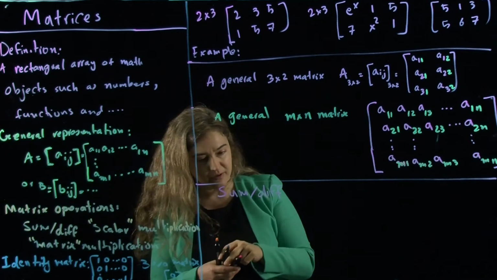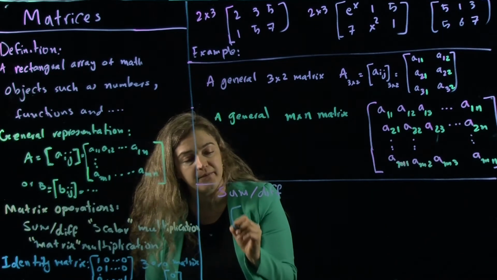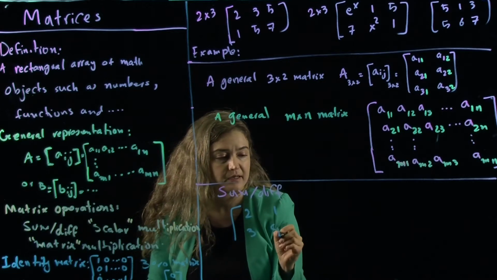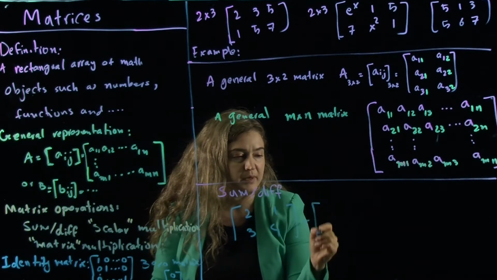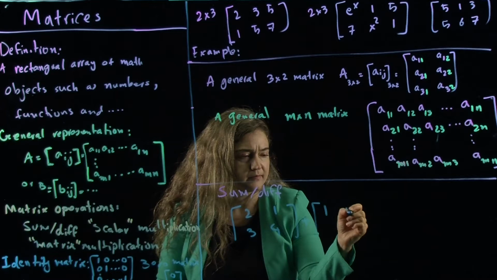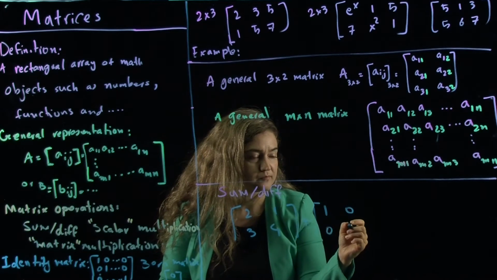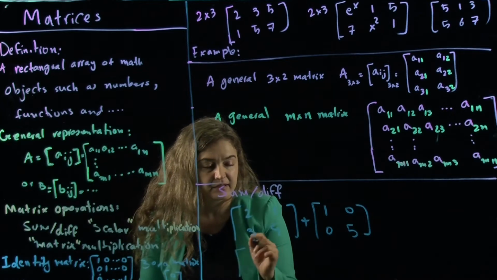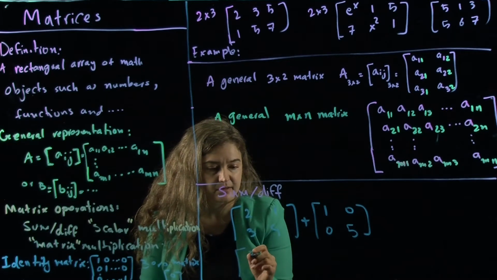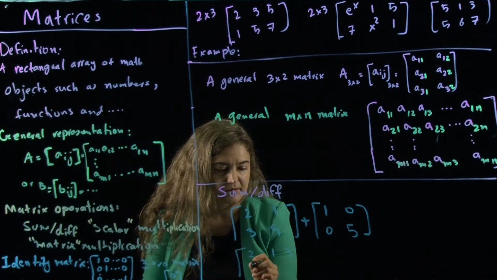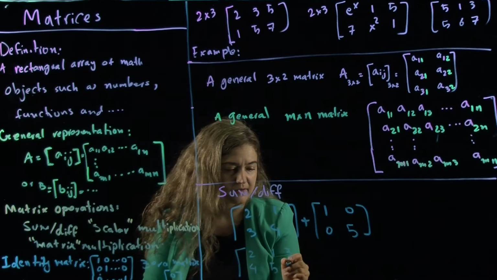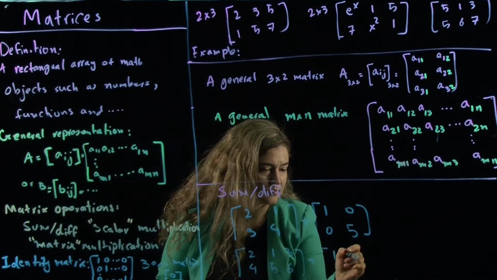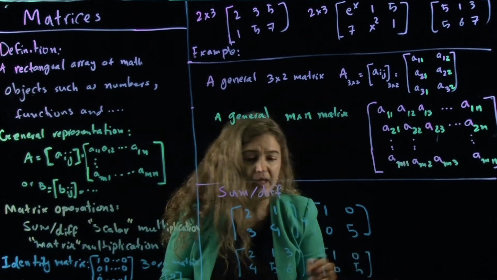So for example, you can add these two matrices, but you cannot add these two matrices. Why?